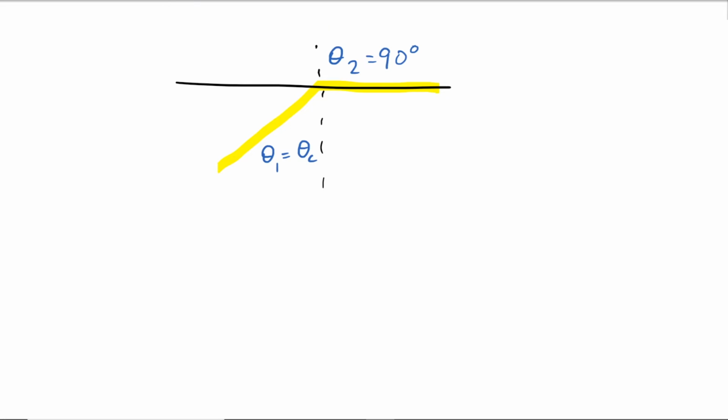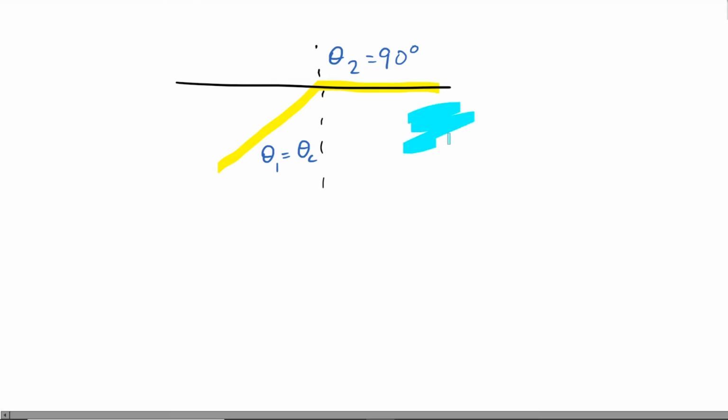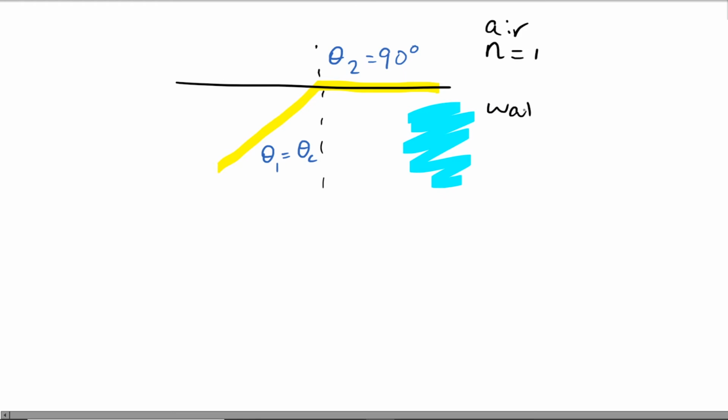And let's pretend that we're going from water into air. So the refractive index of air, n equals 1, and water, n is 1.3. If we put this into Snell's law, n1 sine theta 1 is n2 sine theta 2. I want to solve for theta 1 because that's what we're interested in.